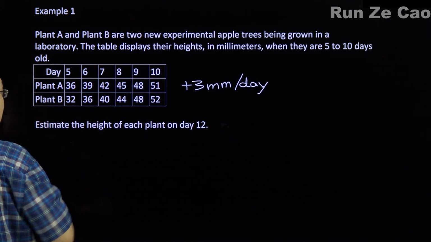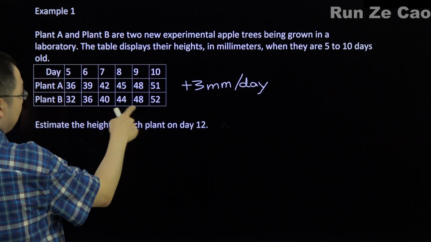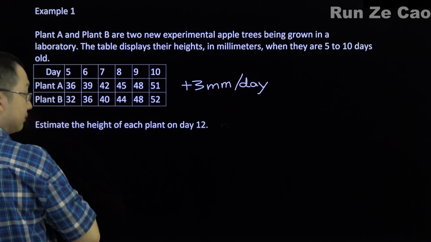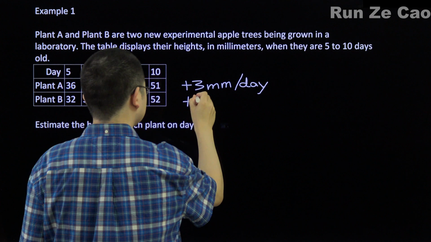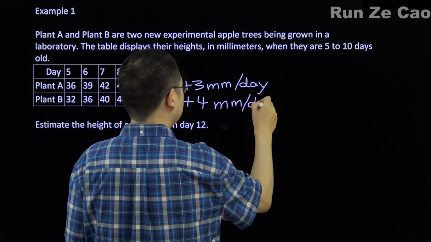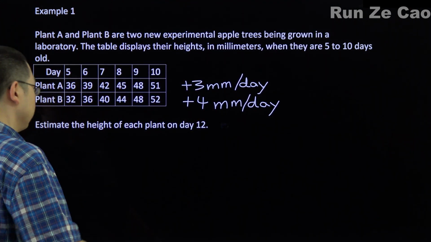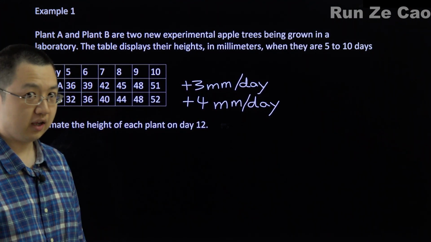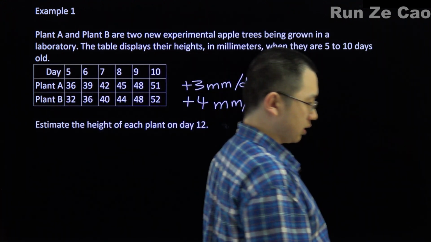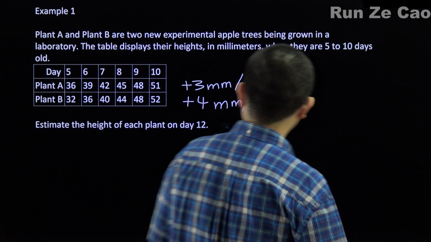Whereas plant B increases by 4 millimeters a day. Visual inspection can reveal this, because I don't think the 40 to 44 transition is exactly hard to spot. So, estimate the height of each plant on day 12.